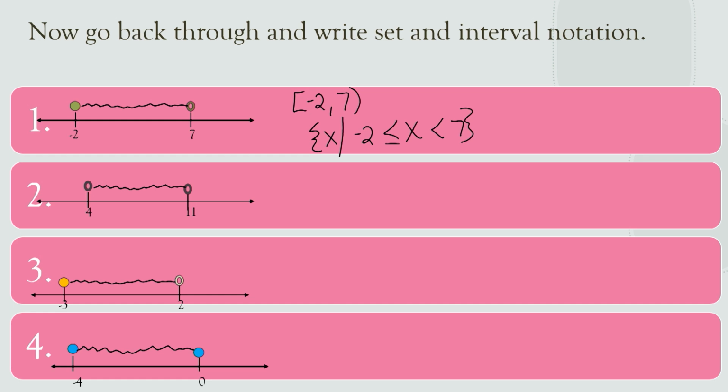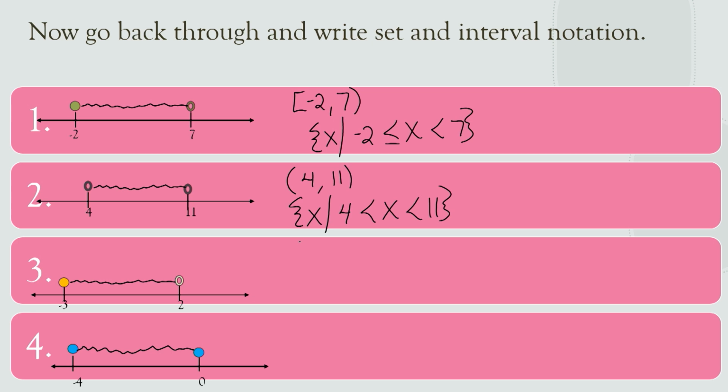Number 2, I have 2 open circles. So I have parentheses 4, 11 parentheses. And we have all the x's such that 4 is less than the unknowns and the unknowns are less than 11.